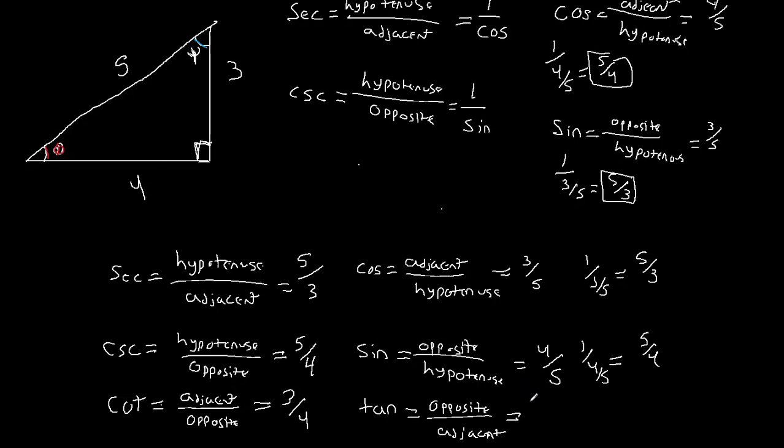That hasn't changed. And the adjacent side, the side that's touching it, is still 3. So if we do 1 over 4 over 3, that's going to give us a value of 3 over 4. Again, same thing in both cases.